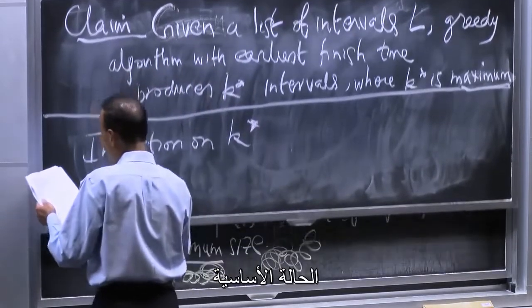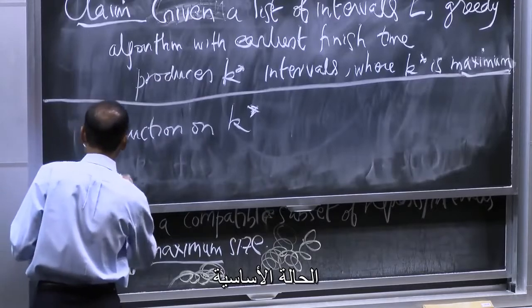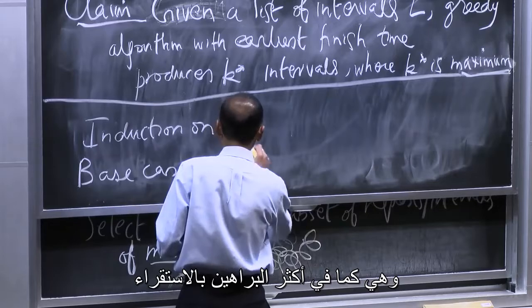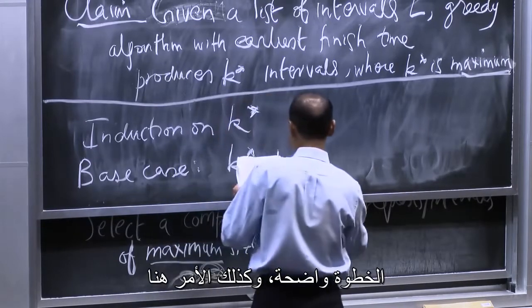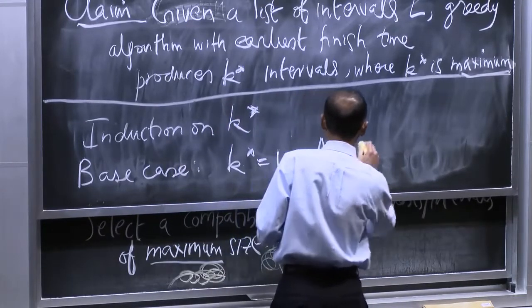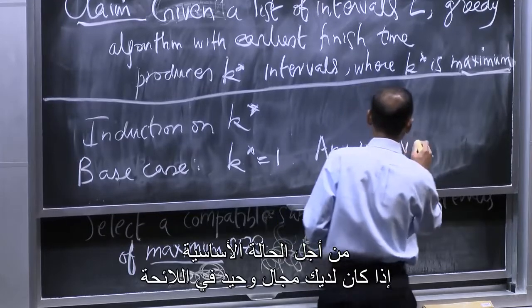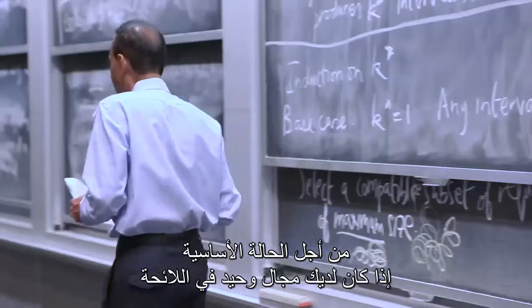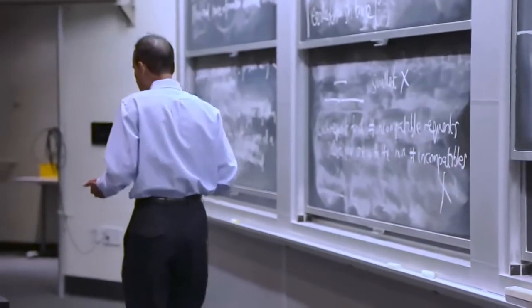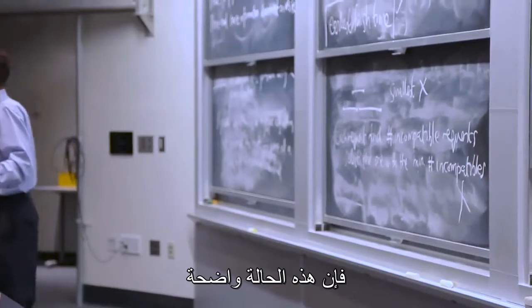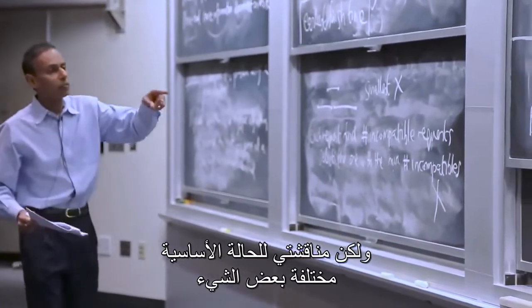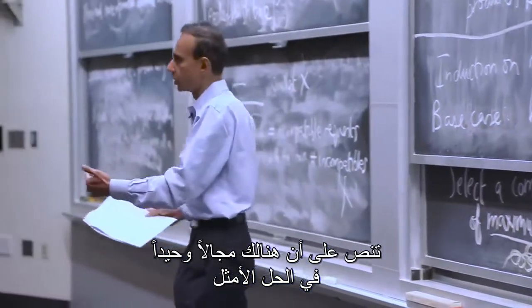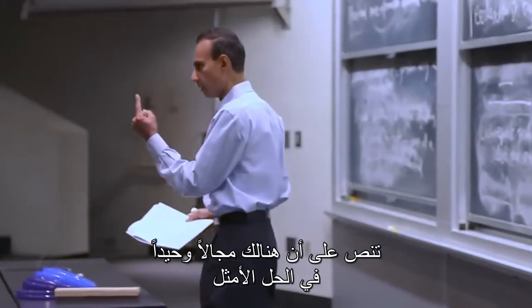And so the base case is almost always with induction proofs trivial, and it's similar here as well. In the base case, if you have a single interval in your list, then obviously that's a trivial example. But what I'm saying here for the base case is slightly different. It says that the optimal solution has a single interval, right?